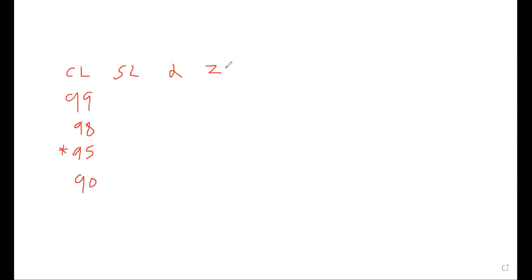So our Z values for a two-tailed test. I'll not show you how these values were calculated, but I just need you to remember them for the sake of this session. At 99%, we have 2.58. This is for a two-tailed test whose signs are equal to or not equal to.